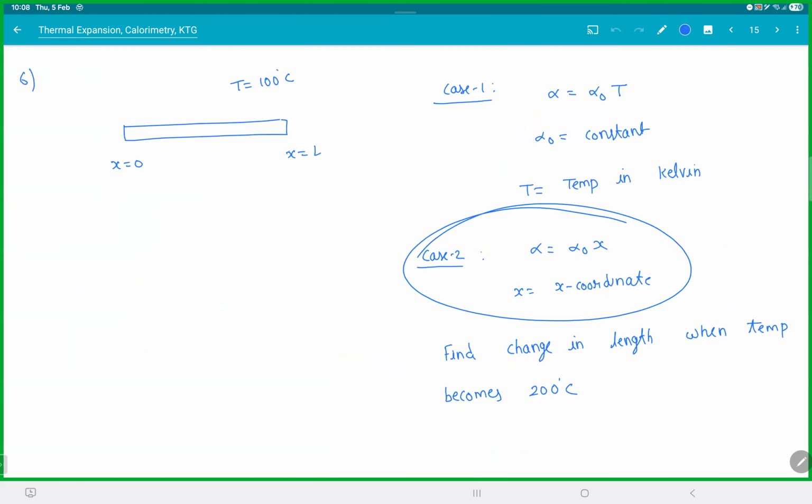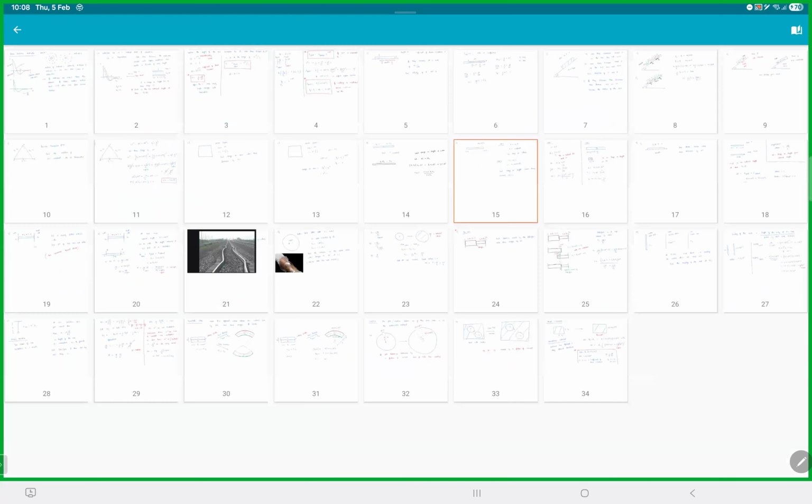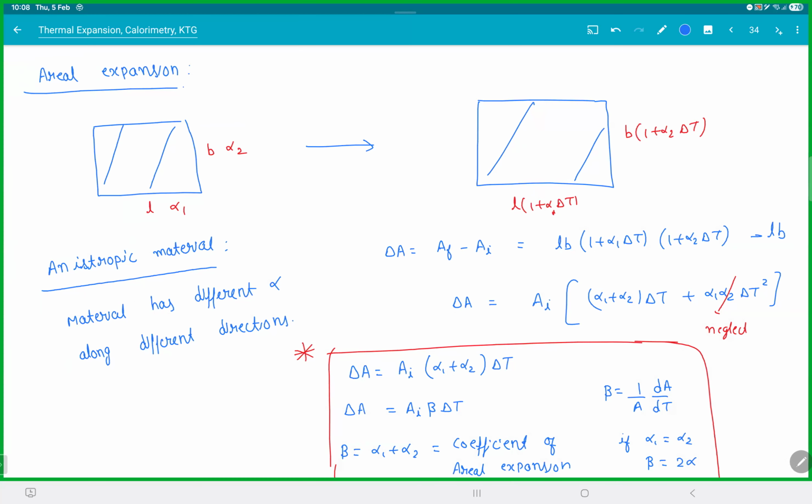Remember case 2? We're talking about this case. It generally happens with glass. Glass is not uniform. When it suddenly cools down, the structure has a lot of internal stress and it's a little messed up. Clear with this? This is called areal expansion. Again, not really something new. It is just based on alpha.